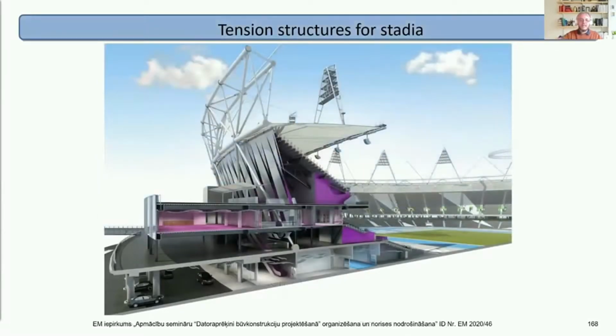Similarly, stadiums. We can have large span stadium roofs. Now this is the London 2012 Olympic Stadium by Buro Happold. And you see there's a steel frame around the outside, but the roof inside is a tension cable.